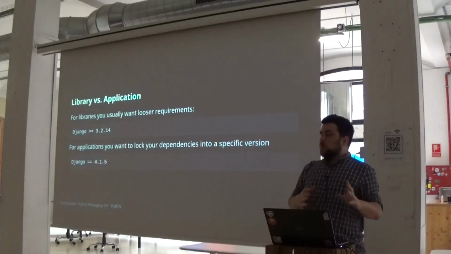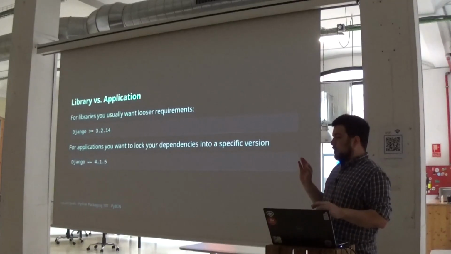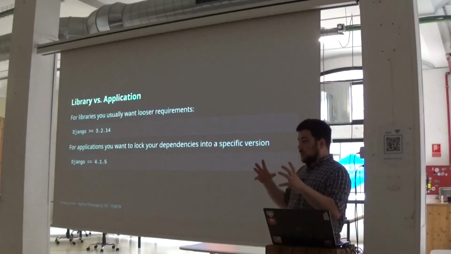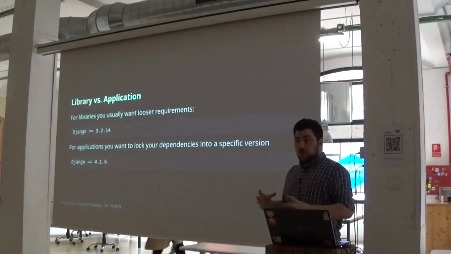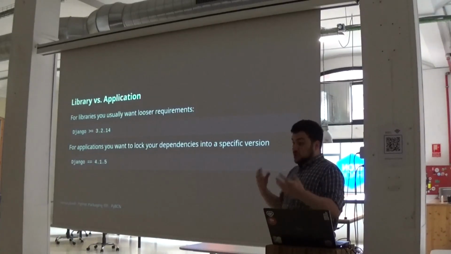While on the other hand, what you want in your application is to define exactly what version of Django you are using, because this code is to be used as is, and so you want it to always be the same to avoid surprises.